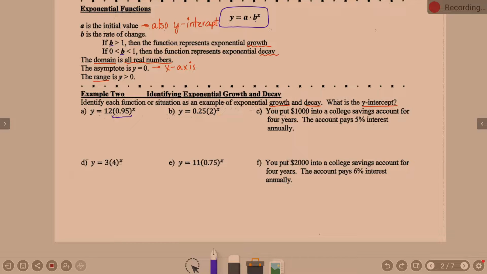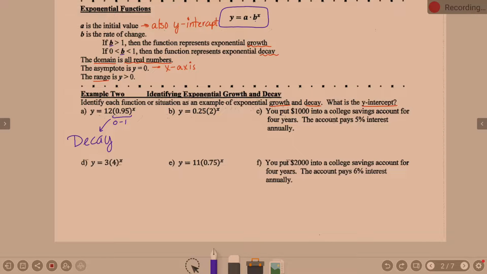Okay, less than 1 is what I'm going with here, right? It represents a percent under 100%. Okay, so because this number is between 0 and 1, this is an example of decay. Because that number being raised to the power of x is less than 1, it is an example of decay.